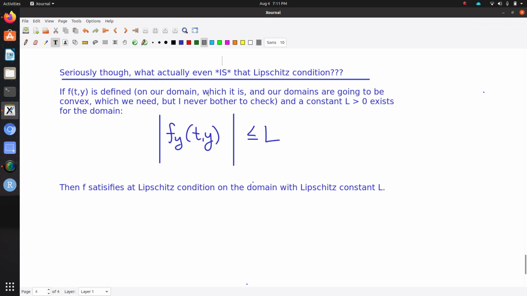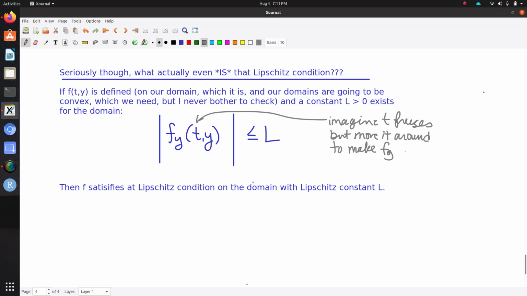So I want to think of this t as being frozen a little bit. Imagine t freezes, because that's what it means to take a derivative with respect to y. Imagine t freezes, but then you can move it around to make the derivative as bad as possible, to make f_y as bad as you can.